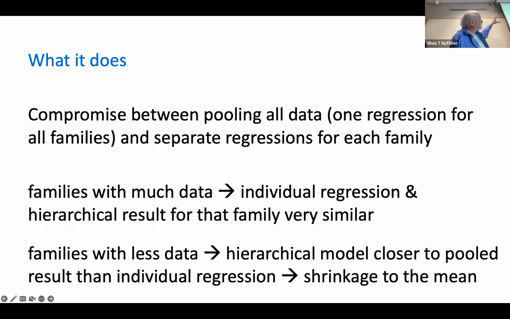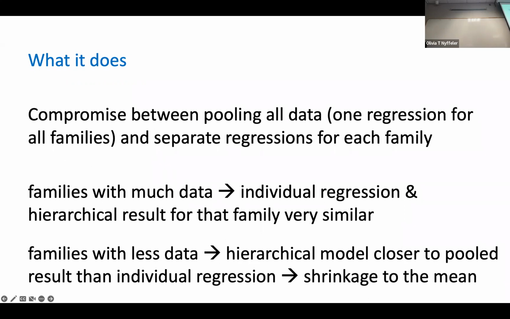So what she found, well, first of all, what does this do? It's really doing a compromise between pooling all of the data, just saying, here are all my data, let me do one regression line, ignoring the family, or doing a separate regression for each family. Now, doing a separate regression for each family is nice because it gives you family-specific relationships, right? It's bad because I might have 200 data points, but for the family I'm interested in, I only have 12 data points. So now I'm doing a regression based on 12 data points. That's not going to be very precise.